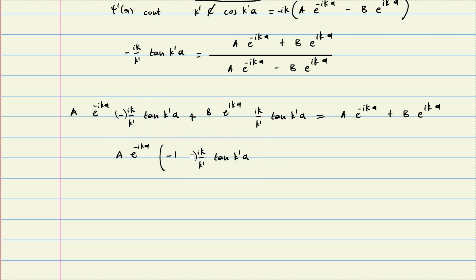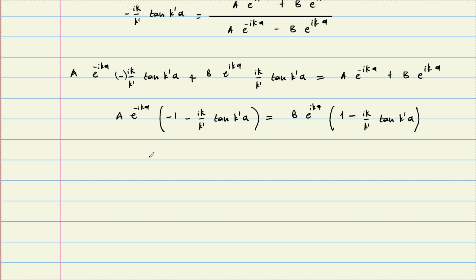Okay, let me fix: minus i k is equal to B e to the i k A times 1 minus this thing.